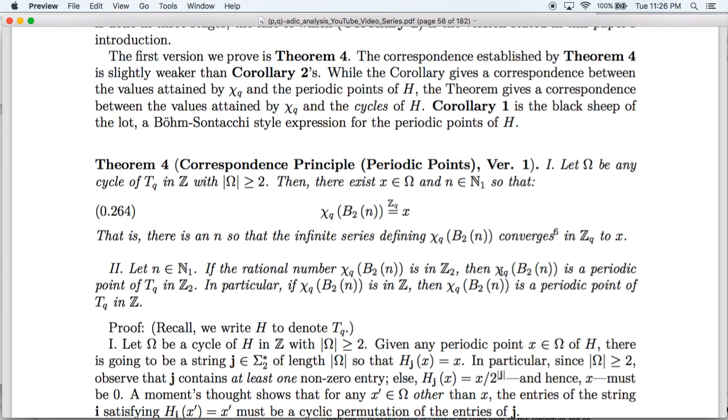So the first version we're going to prove is Theorem 4. The correspondence established by Theorem 4 is slightly weaker than Corollary 2, what we saw in Episode 2.